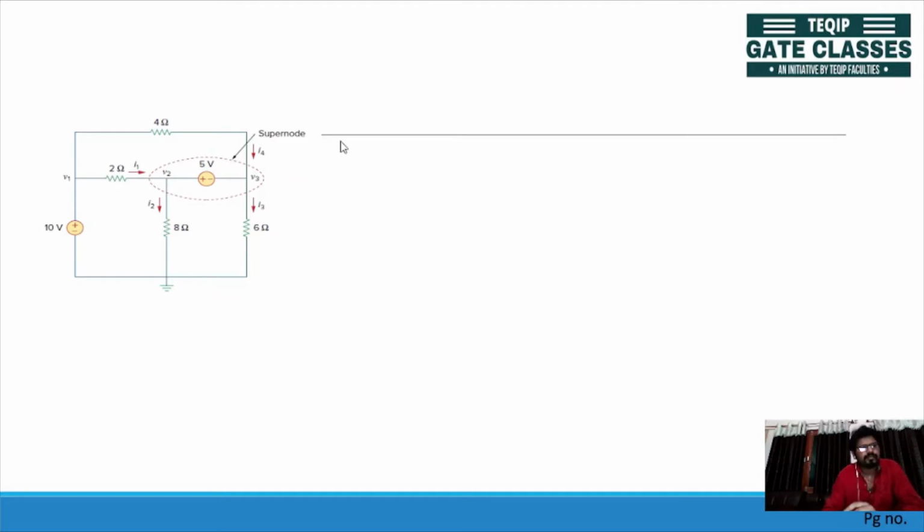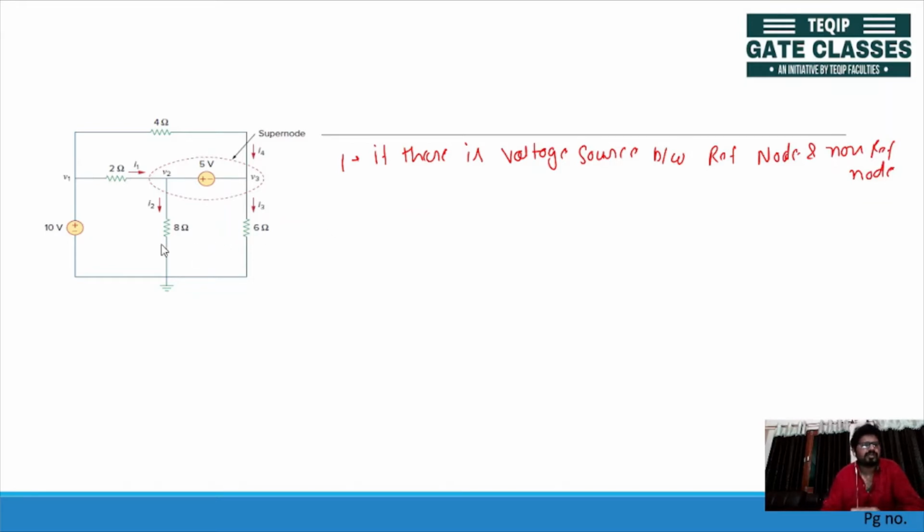First, if there is a simple voltage source between the reference node and a non-reference node. So it is not basically a difficulty, it's basically an ease. Our circuit solving will get easy.